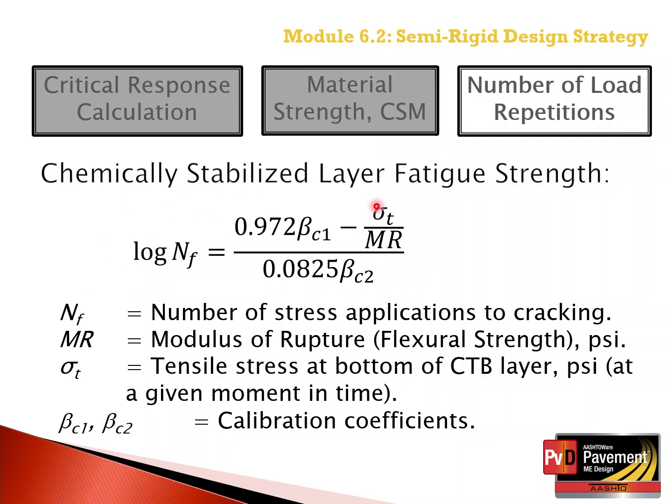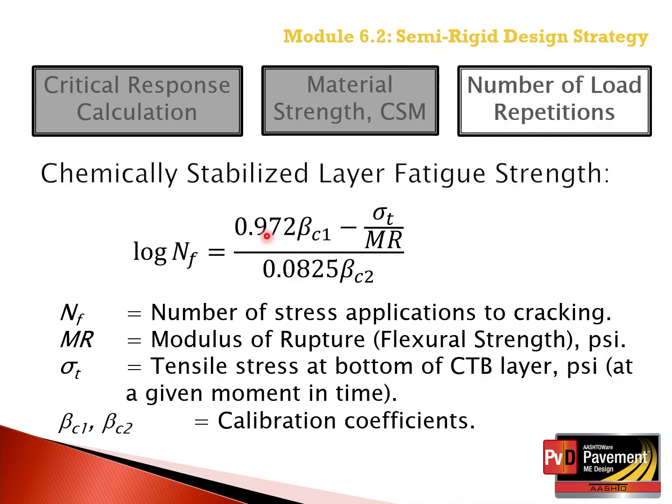Note that the tensile stress, sigma T, at the bottom of the chemically stabilized layer divided by the modulus of rupture or flexural strength of that layer is the similar ratio that was presented in Module 5 on fatigue cracking for defining the allowable number of load repetitions for the Portland cement concrete layer.